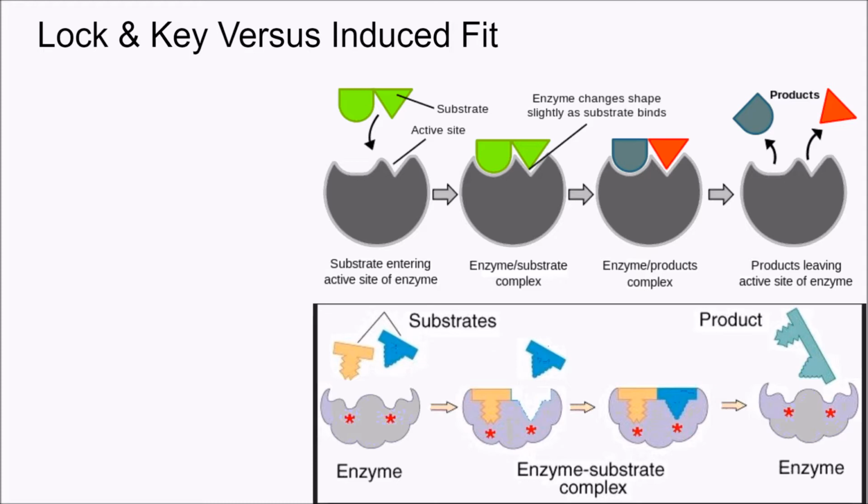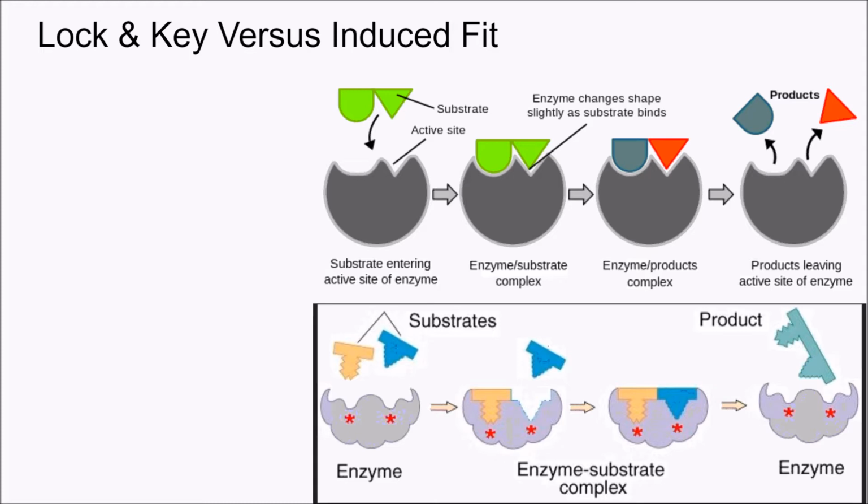So the old model was that the enzyme accomplished this specificity by having an active site that only matched the substrate, and then the substrate would bind, and then the enzyme would do its thing. The new model, the induced fit model, is the more accurate one, and this is produced by scientists having a better molecular idea of what's happening. You can see that the enzyme's active sites are not at all, or they might barely, resemble the substrate's shape.